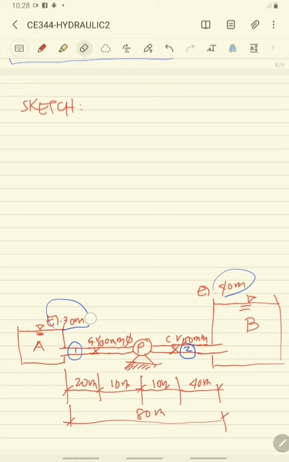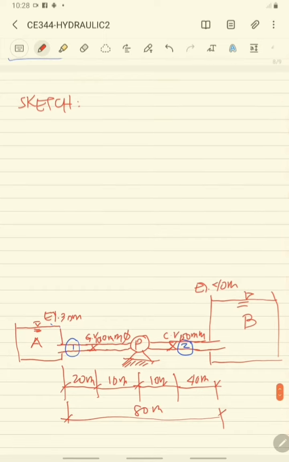I have to erase this one. Then I need to draw a vertical line as my reference point. This one I have to draw, and this one.